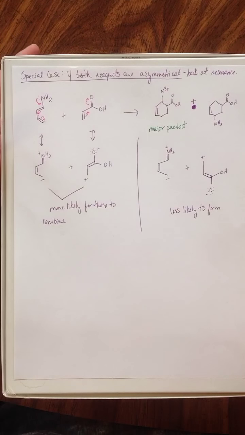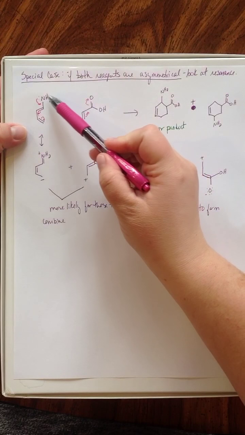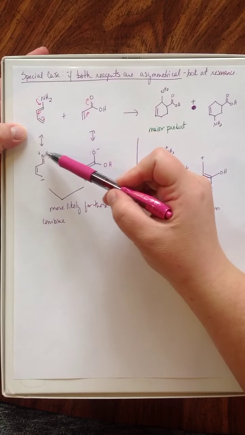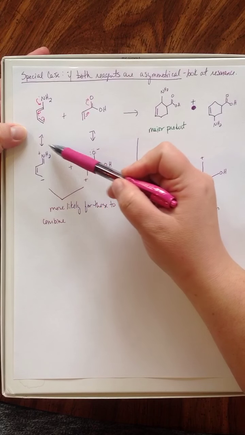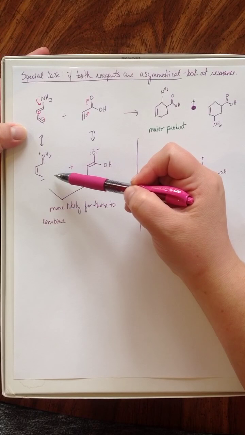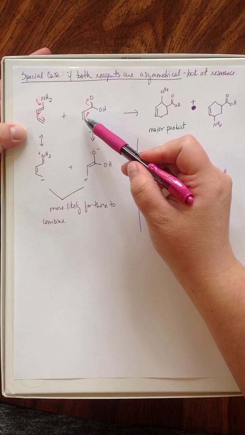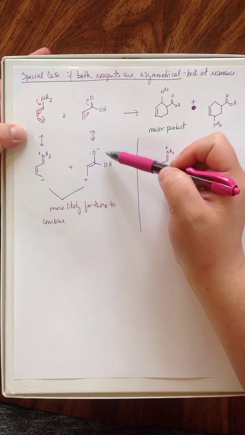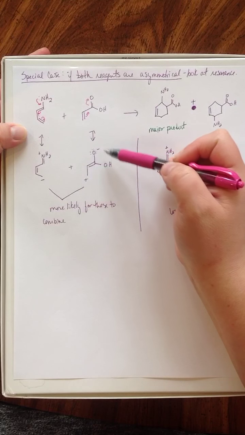Let's look at the resonance structures. So here, electrons could come down, over, and down, and that would be a good resonance structure for that molecule. The resonance structure for this molecule, we could flip these electrons up, and you end up with this type of arrangement.